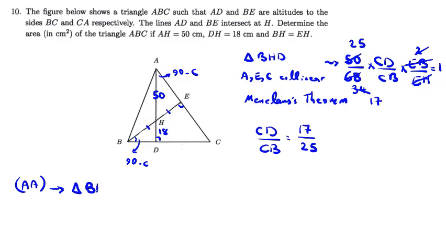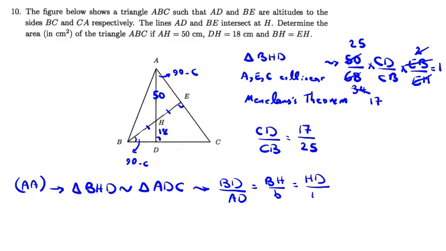Triangle ADC. Now you can say BD over AD equals BH, the hypotenuse, over AC, which is B, and BD, BH, and HD over DC. Now, suppose BD is Y, DC is Z. We want to find the area. We know AH, so if we find A, then the problem will be solved.